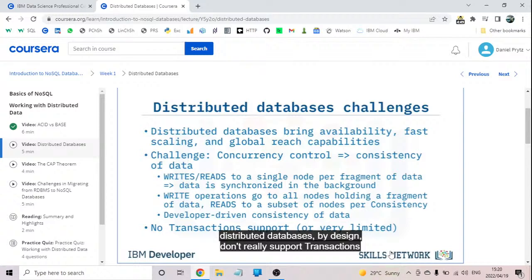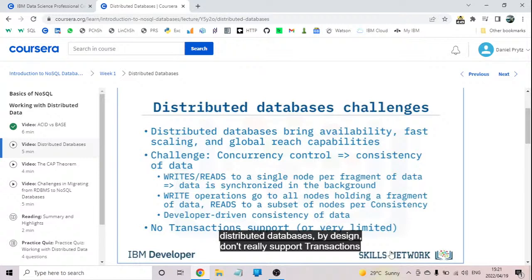Getting many reads, the synchronization can give incorrect data.